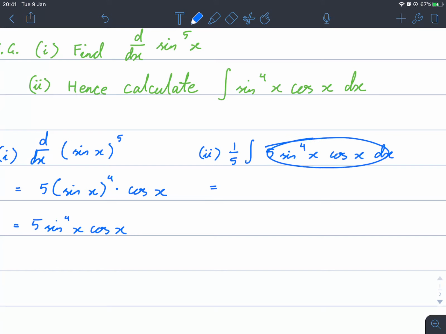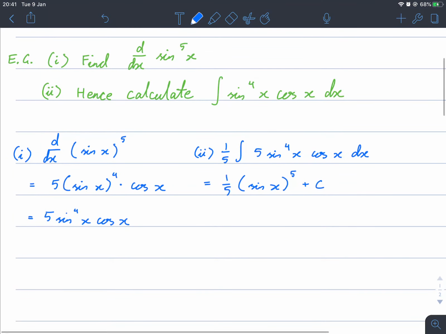Now we have this expression here, and we know the integration of that is here. So this is going to become 1/5 of sine of x to the power of 5, plus c at the end because it's not a definite integral. Okay, so I hope that gave you a little quick insight on how to do this.